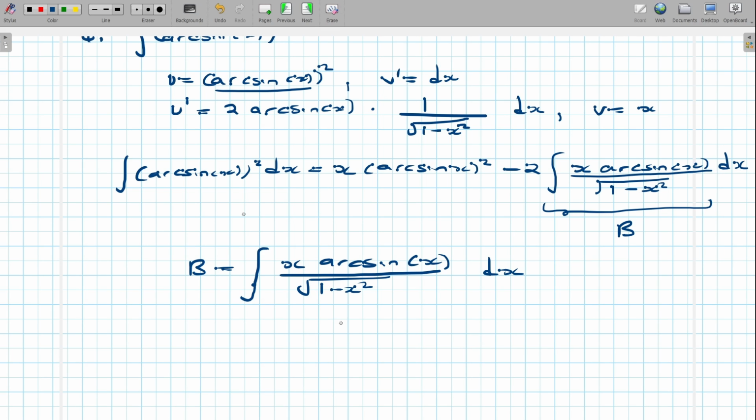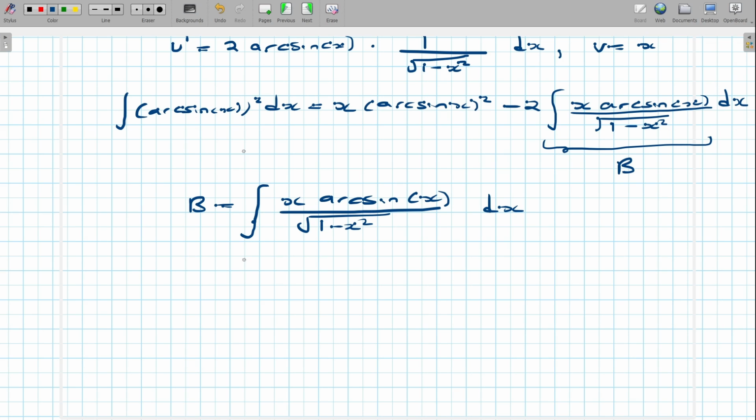And here what we're going to do is say, let p be equal to arc sine of x. If p is equal to arc sine of x, then what is going to be dp? Here dp is basically going to be equal to, well, you guessed it right, 1 divided by root of 1 minus x squared.